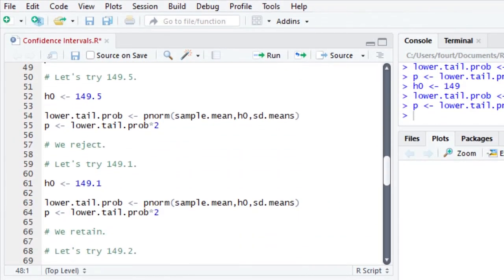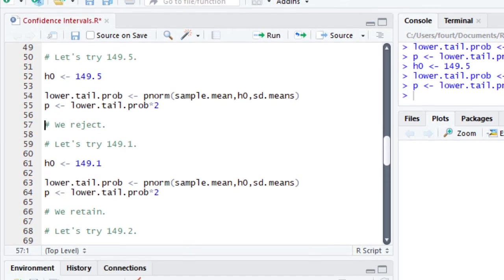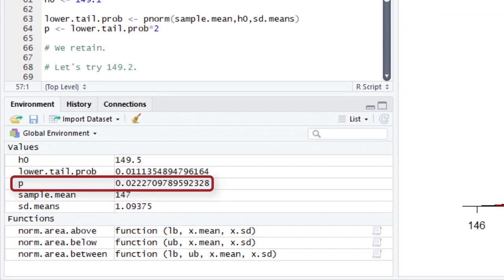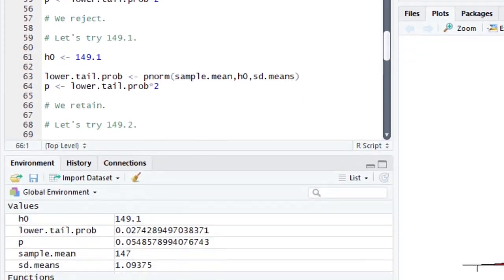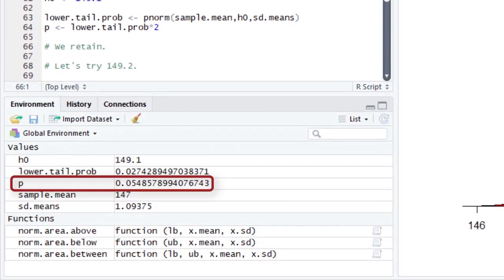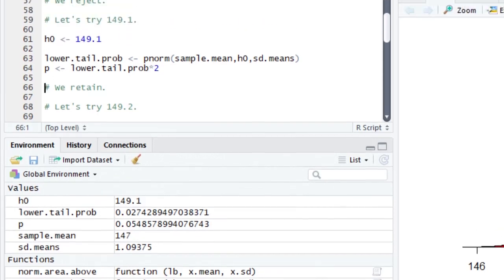Let's try 149.5. The p-value now is 0.02, so we reject the null hypothesis. Let's try 149.1. The p-value now is 0.055, so we retain the null hypothesis.